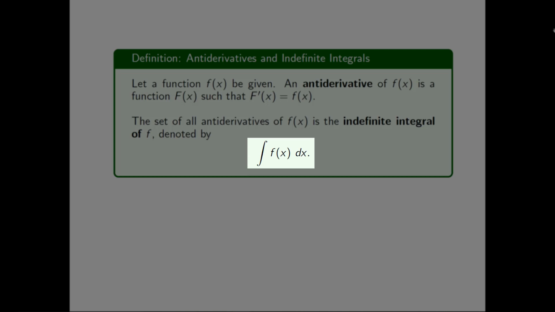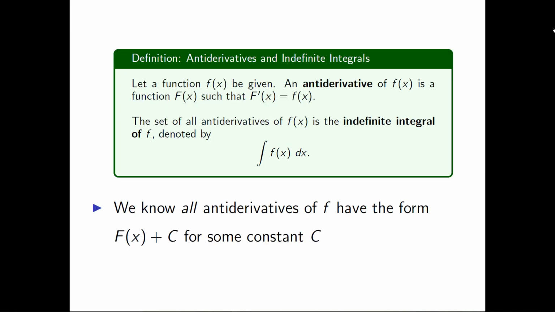We say this as the integral of f of x dx. Remember we had the big F, and we could add whatever constant we wanted to it, so we'll call it big F of x plus c for some constant c. That's the family of all the antiderivatives.